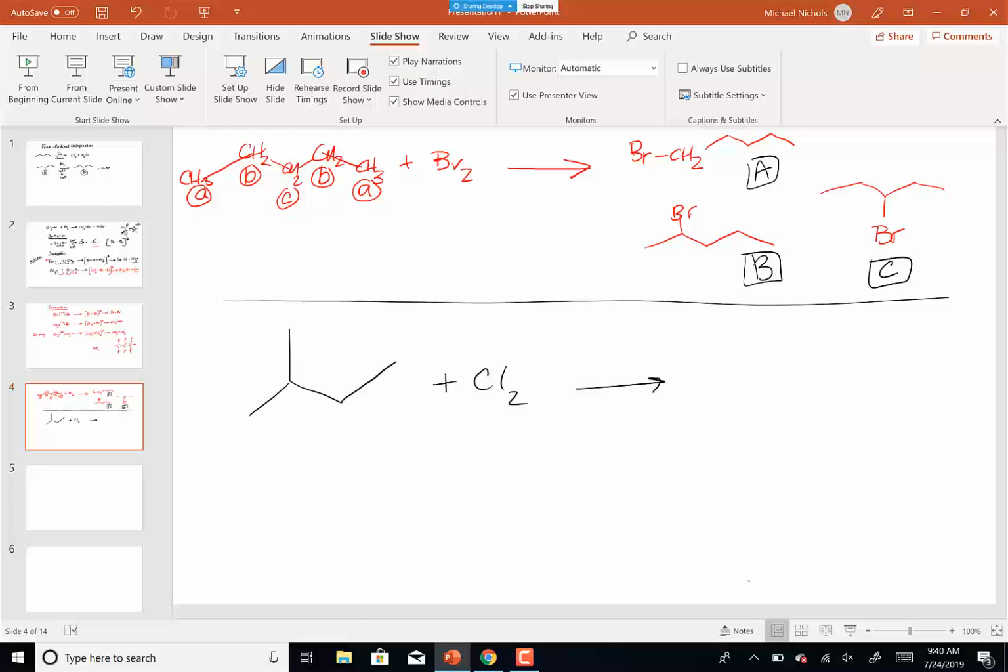When you write out your structure, make sure that the bond between the carbon and the chlorine is easily identified, so it doesn't look like the chlorine is just attached to the, for the upper right one, where's the chlorine?